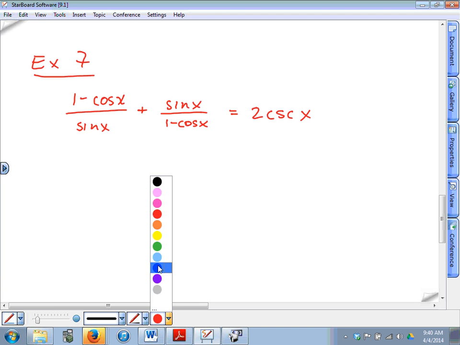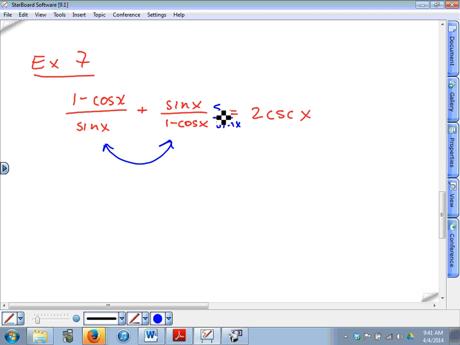Okay, hold on a second. We need to get common denominators to combine these. Is this what you guys are trying to do? Yeah. So this side needs a sine of x over sine of x. This side needs a 1 minus cosine over 1 minus cosine.